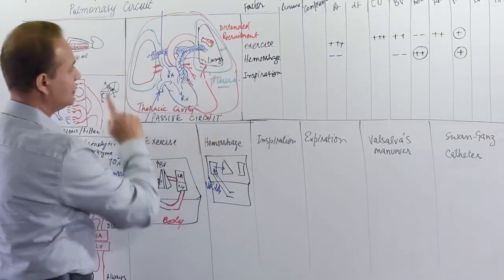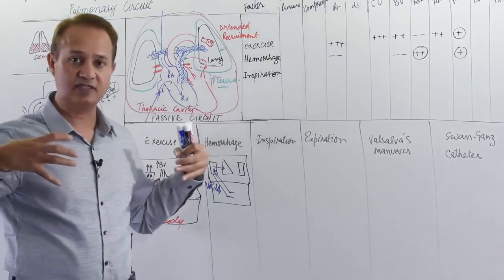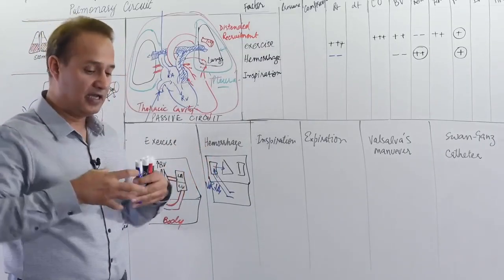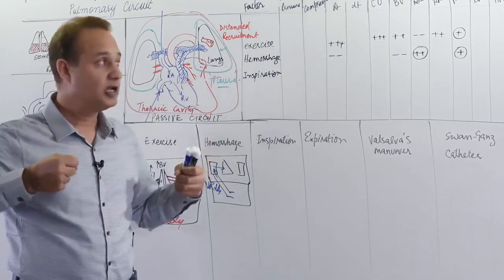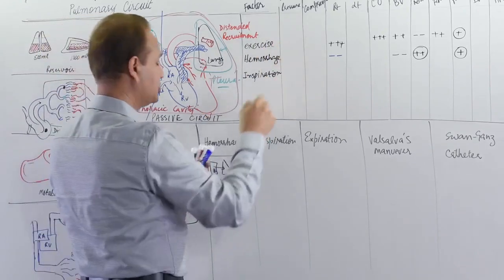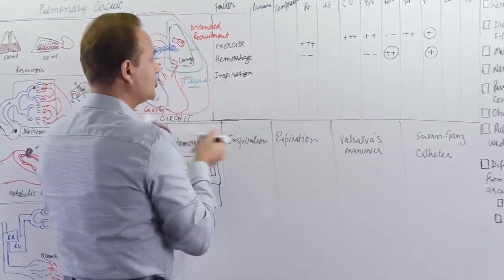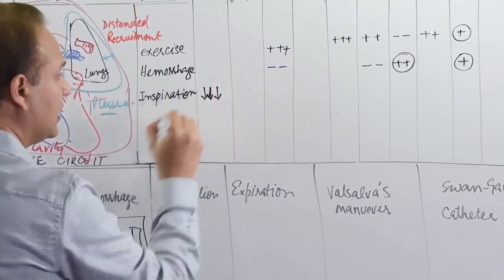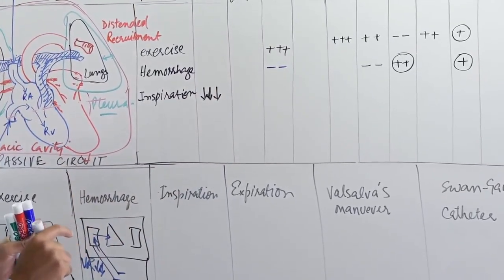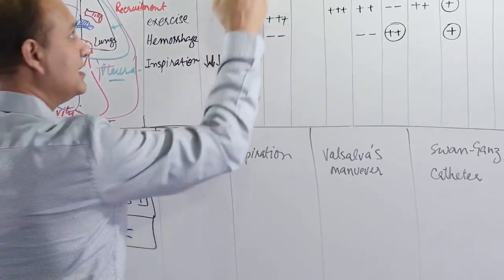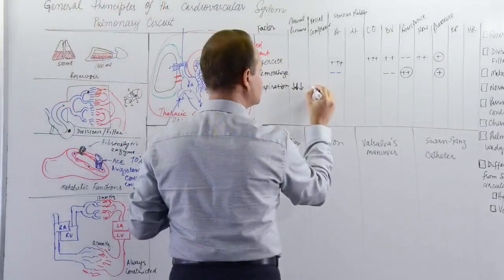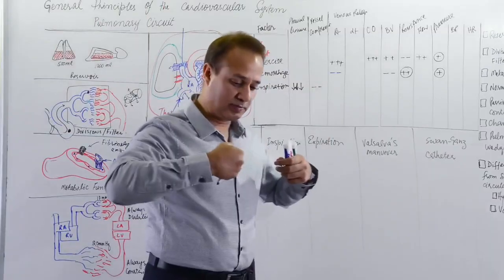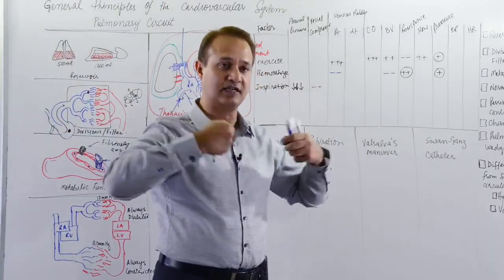Inspiration. Look at this diagram. What happens? The thorax expands. When the thorax expands, the pleura expands. What will happen to the pleural pressure? It will become negative. So pleural pressure would go down. When the pleural pressure goes down, vessel compression would reduce, or you can say vessels would get distended, because pleural pressure going down means it pulls the lungs out.